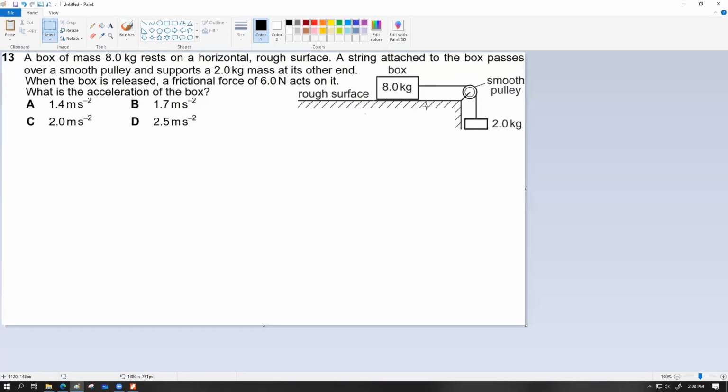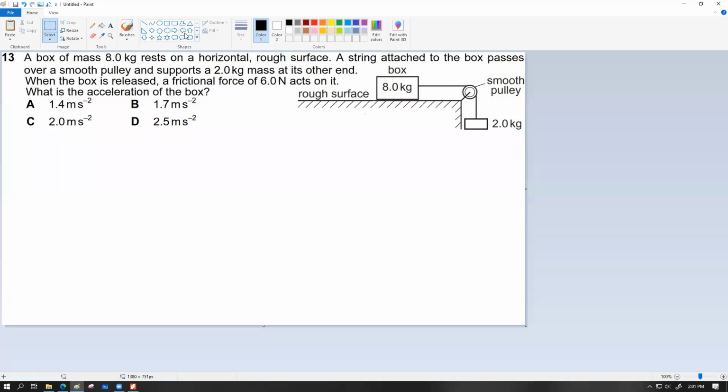That is supposed to happen provided the weight that this 2 kg object experiences downwards is big enough to overcome the frictional force on this 8 kg box. If the frictional force is not overcome by the pull to the right, or the weight of the 2 kg object, then this whole thing is not going to move.